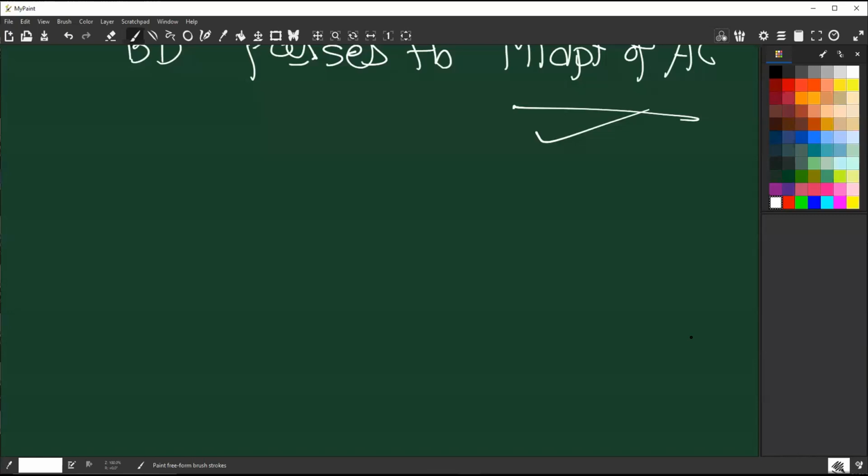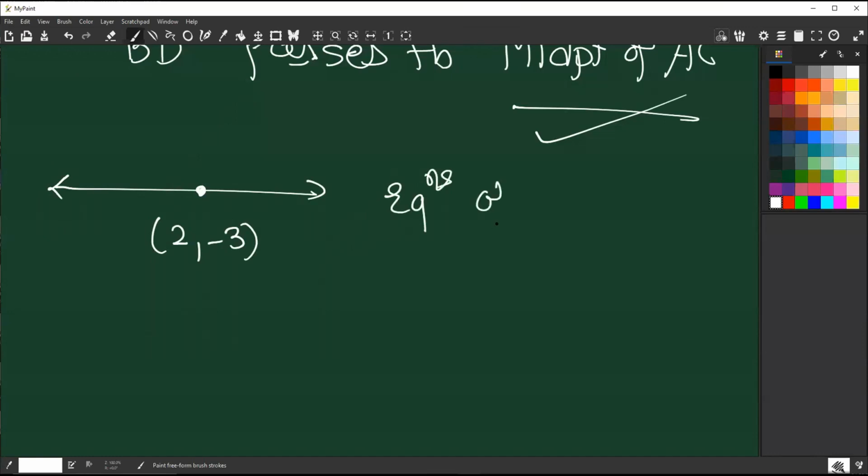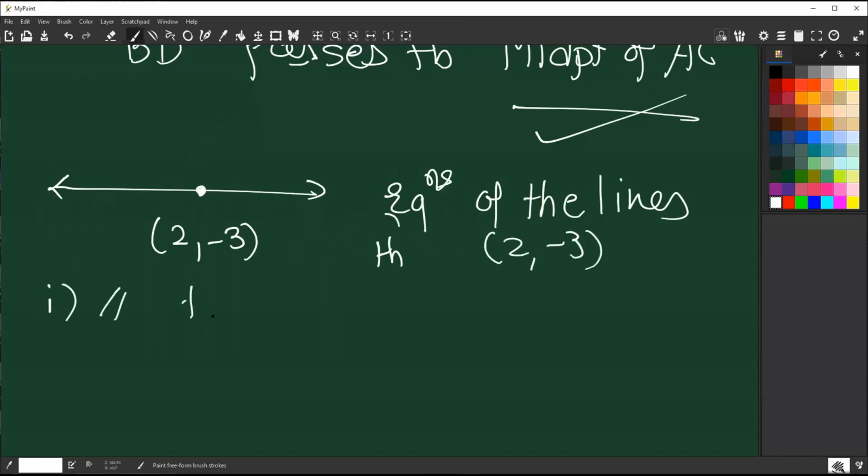Now can I give you, take this sum: find the equations of the lines passing through the point 2 comma minus 3. One parallel to the x-axis.